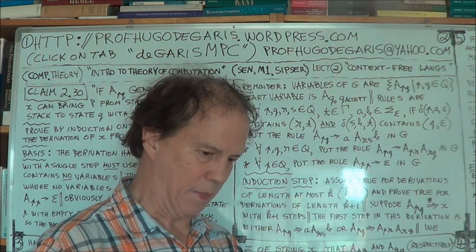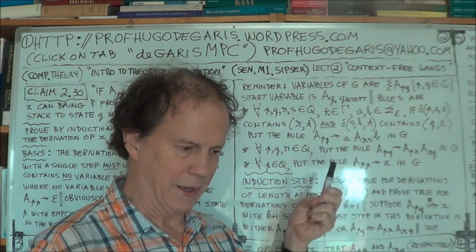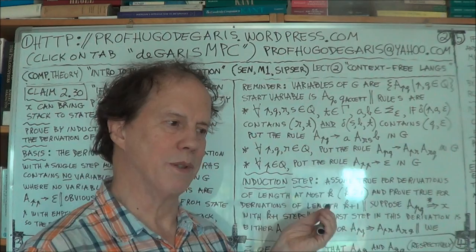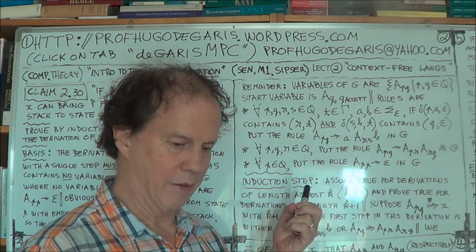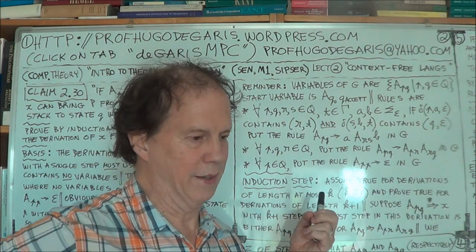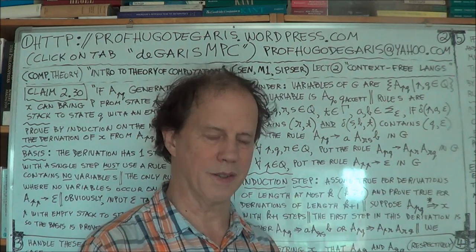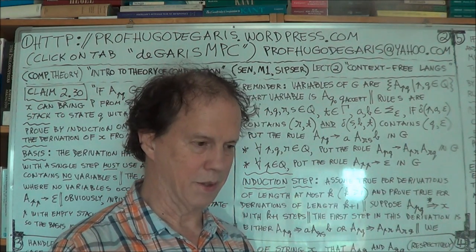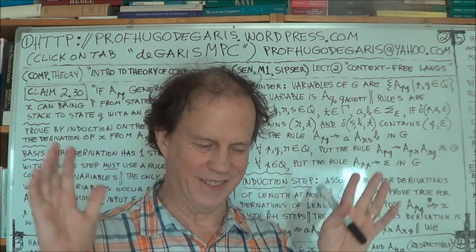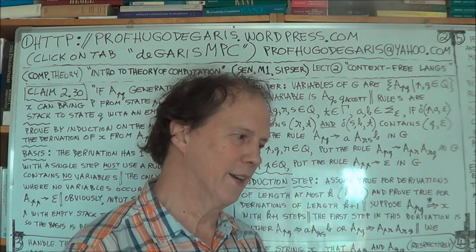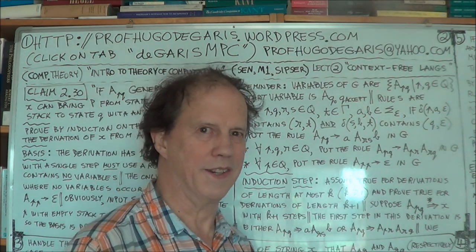So the rules that got put into the grammar are put there to enable the proof to work, to enable the grammar to behave like a PDA. It's a complicated proof, but quite ingenious. Once it clicked, I hope you have that experience of now I get it, because it's quite an ingenious proof.